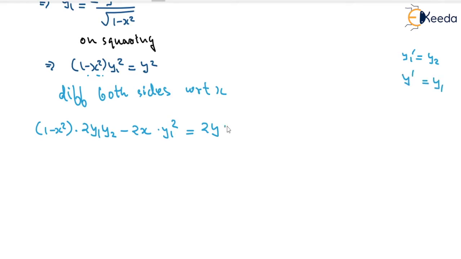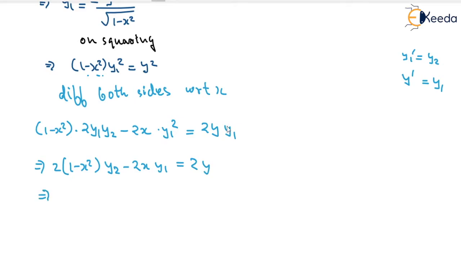So 2y y1. And you can see that there is one y1 common in all the terms. So rewriting it as 1 minus x square into, let's say 2 is here, y2 minus 2x y1 equal to 2y. Of this we can also take out this 2 common.